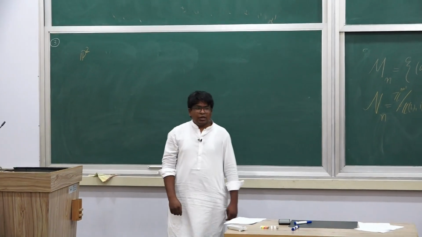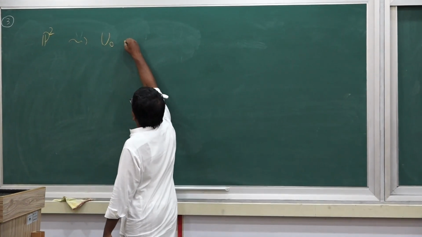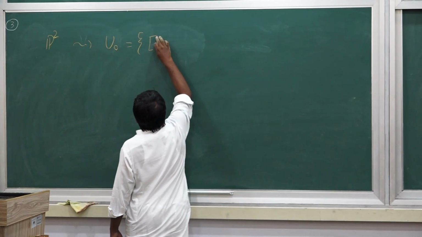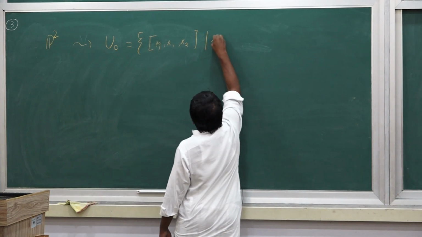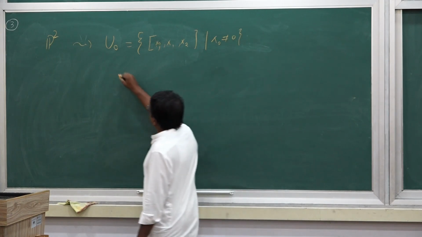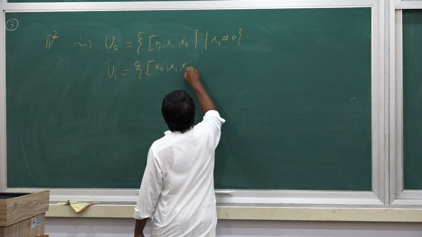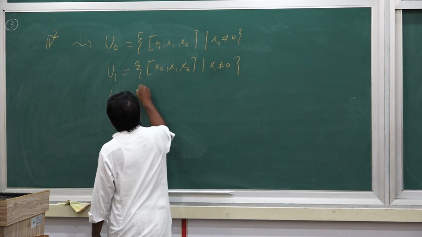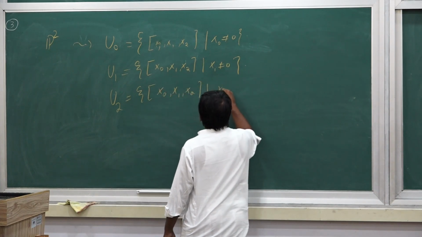In P2, I can associate sets like U naught, which is x naught, x1, x2 such that x naught is not equal to 0. And then I have U1, which is x naught, x1, x2 such that x1 is not equal to 0. And then U2, such that x2 is not equal to 0.